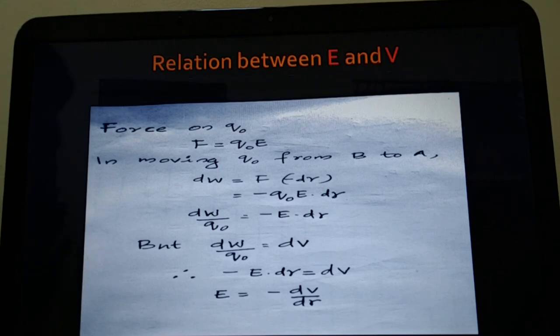So you have to calculate the work required per unit charge, that is dW by Q0. By definition, that is potential difference. And from there you have got the equation dV is equal to minus E dot dr, or E is equal to minus dV by dr, which is the potential gradient. That is, E is equal to minus potential gradient.